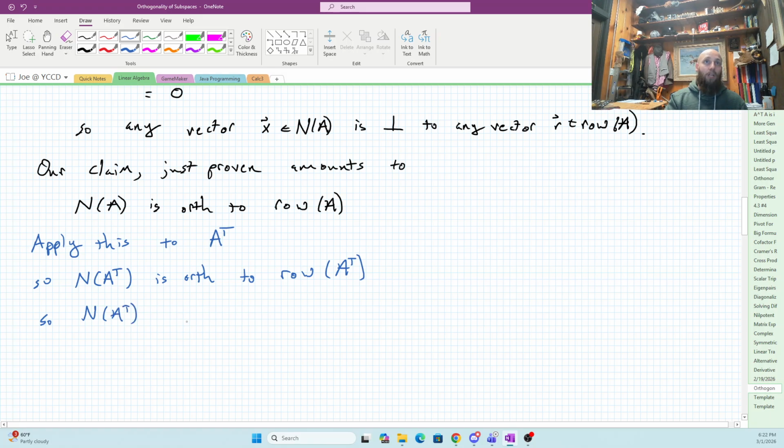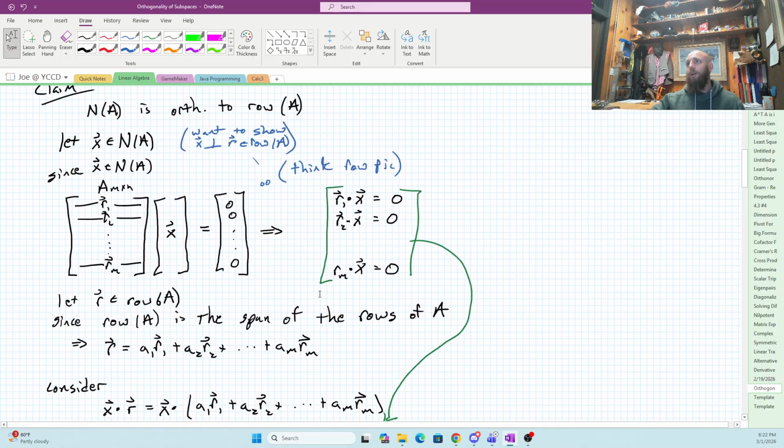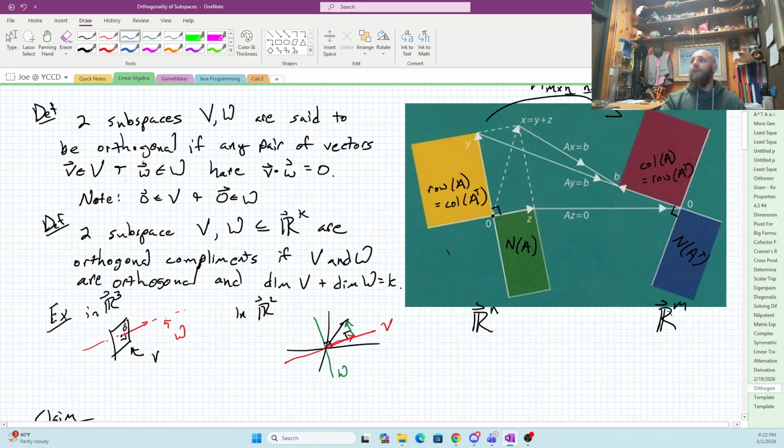I'm going to continue to call it the null space of A transpose because I think that most students are confused by the idea of the left null space. So the null space of A transpose is orthogonal to the column space of A. And that means that I can go back up to my picture here and put in this perpendicular essentially for free, which is really cool. I just got that freely. It just came out of nowhere.